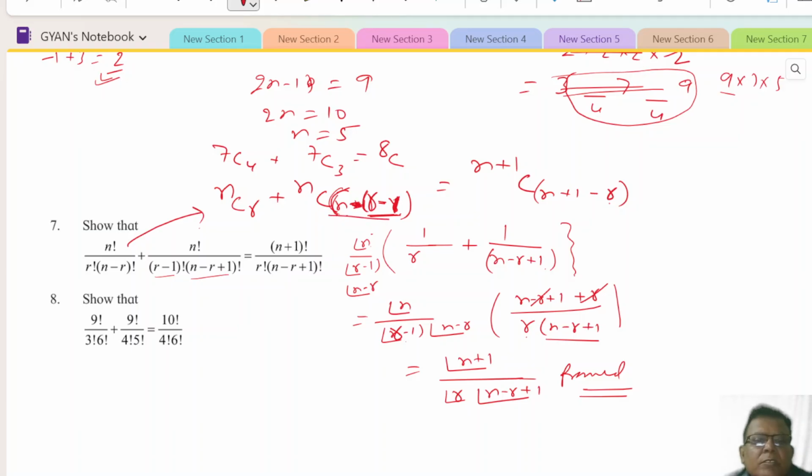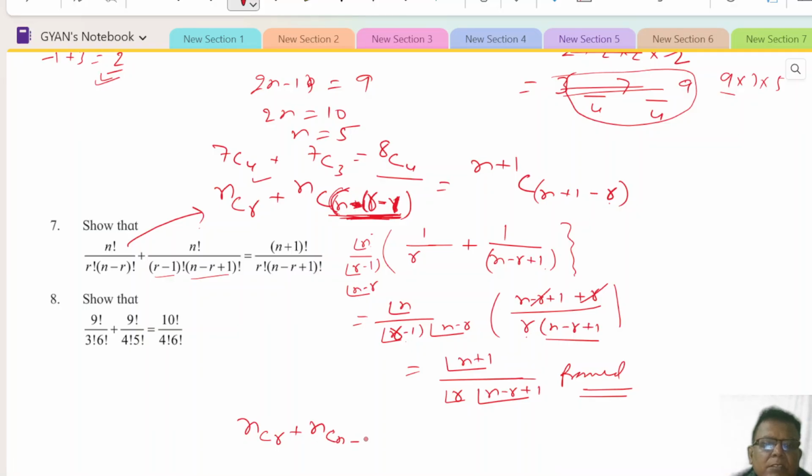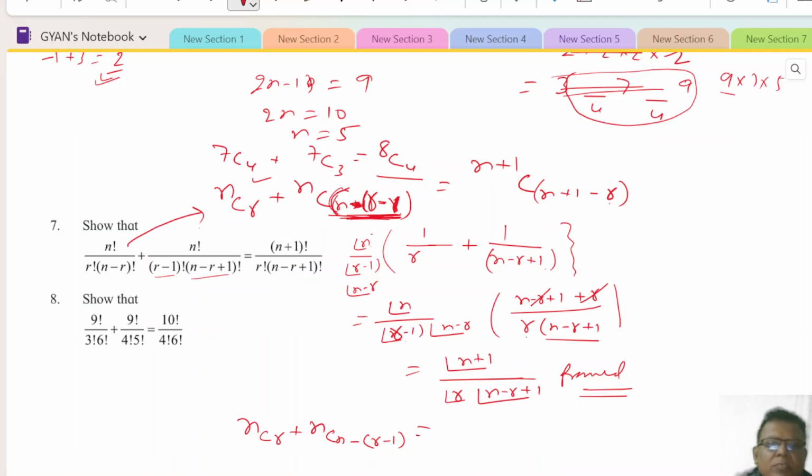So nCr plus nC(r minus 1) is equal to (n plus 1)C r.